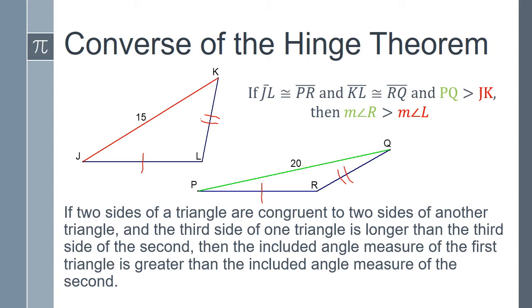Well, I can see here that 15 is smaller and this is larger. Therefore, this angle L is going to be smaller than angle R. That's all we're doing here. This is pretty easy stuff, smaller and larger.